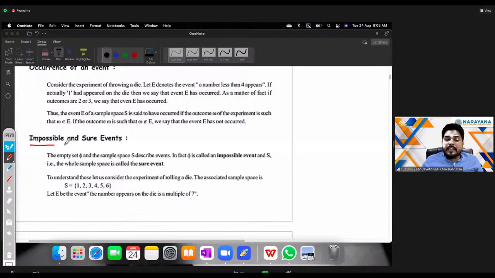There are two things: impossible event and sure event. Impossible never happens. Sure event always happens. The empty set phi and the sample space S describe events. In fact, phi is called the impossible event and S is called the sure event, because when you are throwing a dice, the outcome is 1, 2, 3, 4, 5, 6.